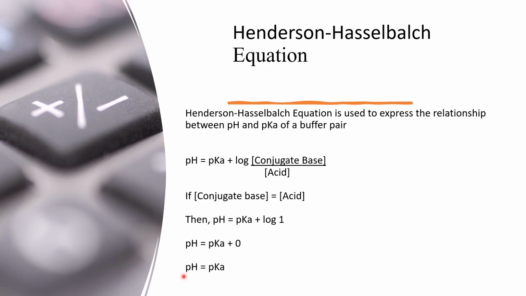So to have a very effective buffer system, we would like the concentration of the conjugate base to be equal to the concentration of the weak acid, which usually does not happen. If you are able to get a buffer system where the ratio between the conjugate base and the weak acid is not more than 1 to 10, that will also be a very effective buffer system.